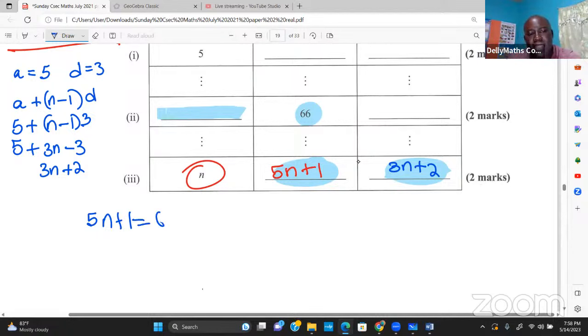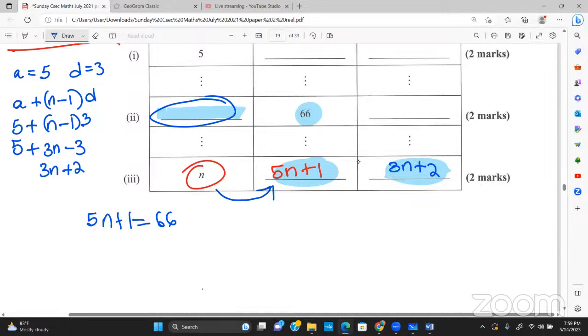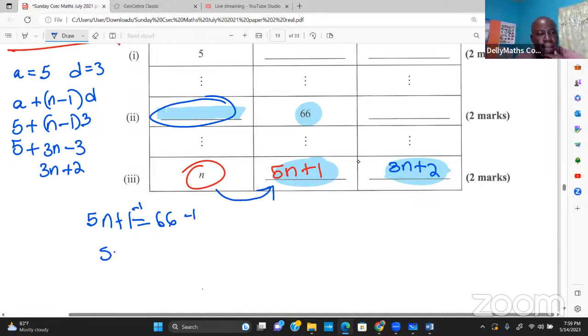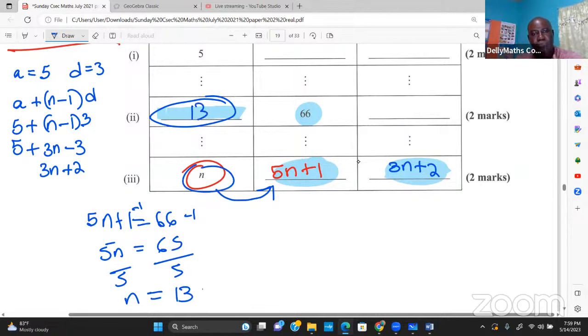Let it equal to 66, and it's going to give you that missing number there. Because what we just found is the relationship here. Regular maths we're doing, all right? Minus 1, divide by 5, n is 13. In the n column, this number is 13.